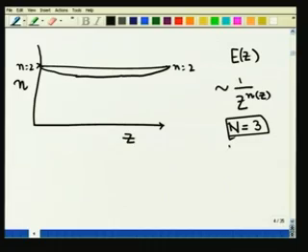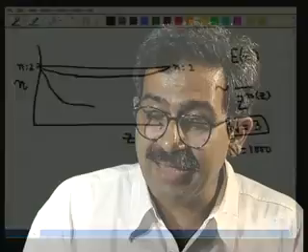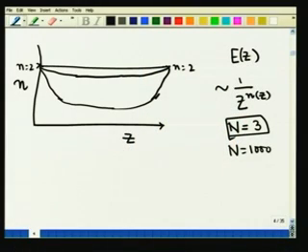But on the other hand, when I looked at a case like N equal to 1000, what happened? The value starts with n equal to 2, comes down, stays in some region for a long time, and then it goes up. So let us make it this way. And now, if you look at this region where the behavior is roughly constant, this would correspond to n equal to 1. That is the statement that we are making.